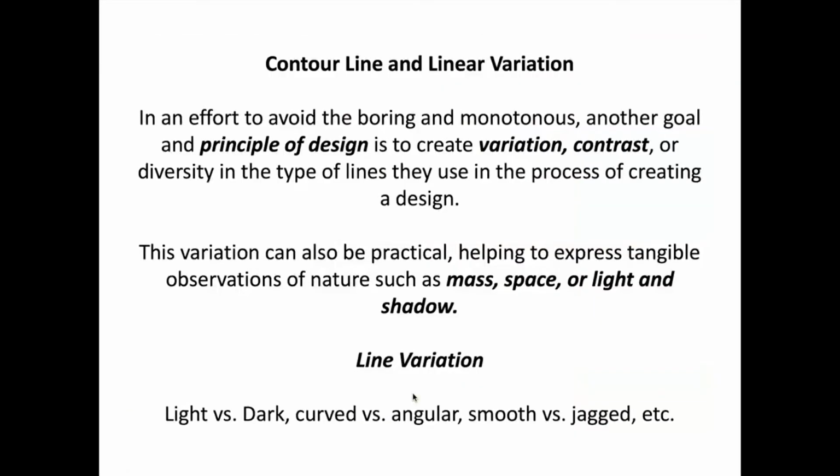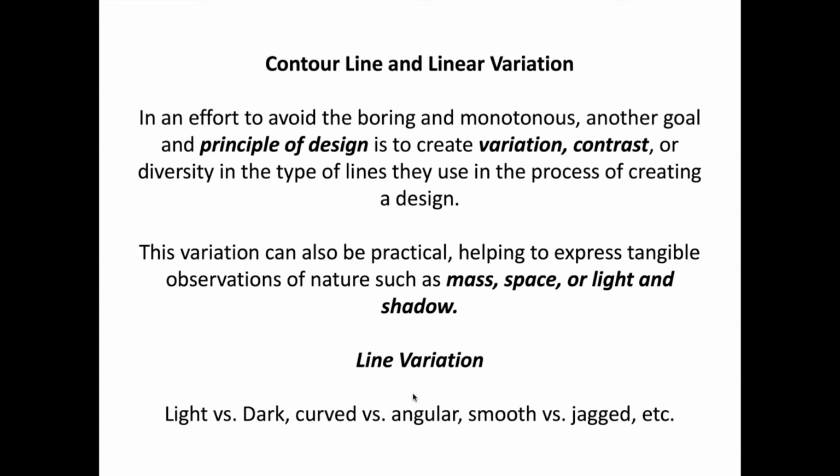Okay, so line variation, dynamic contrast is all about creating style. It's all about creating interest in the drawing. So, when you're striving to create a unified style, the most unified thing would be everything would be the same, but that would be really boring. So in order to create interest, you use variation and contrast.